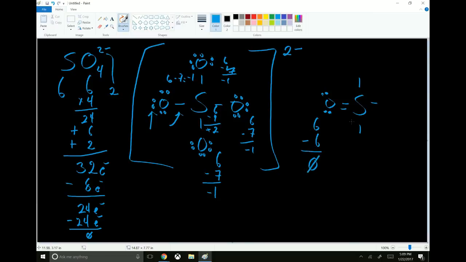And sulfur's charge went from 6 minus 4 equals +2 to 6 minus 1, 2, 3, 4, 5 equals +1. So oxygen's formal charge went from -1 to 0, making oxygen happier, and sulfur's formal charge went from +2 to +1, making it happier.